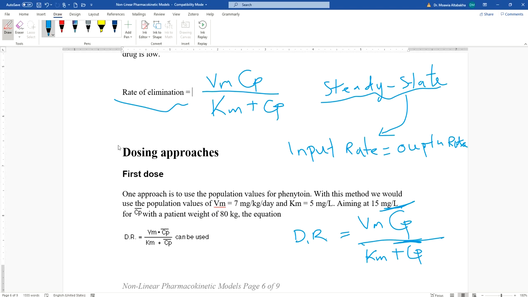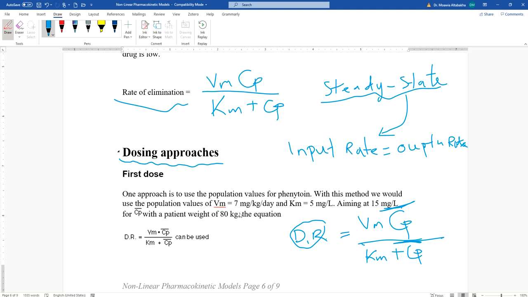From this equation, we will be able to look at the dosing approaches that we can use in order to calculate the dosing rate required for a certain patient. Let's say you are in the hospital and you want to start a dosing rate for a patient.